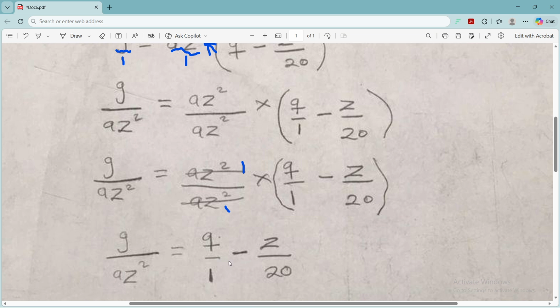As it crosses the equal to sign, it will change into a positive fraction.